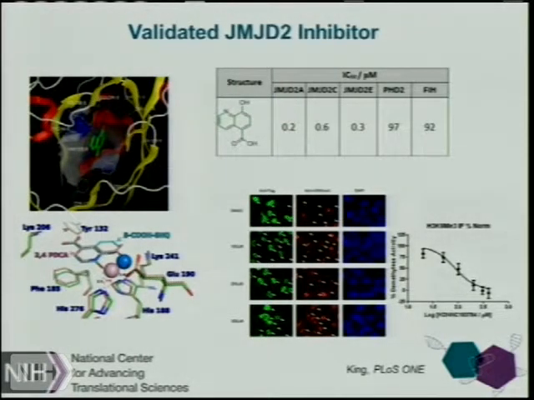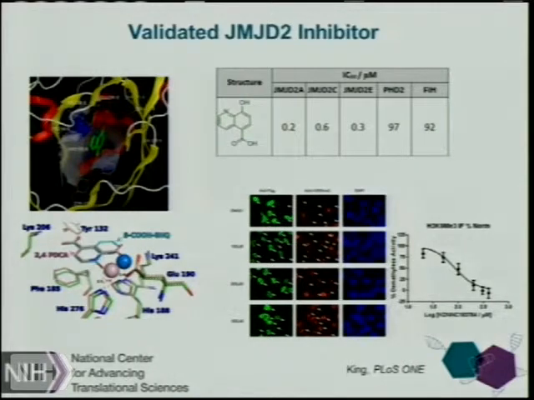So it was pan-active within the family, but selective for demethylases. We collaborated with the Structural Genomics Consortium back then to derive a crystal structure to really enable us to understand the mode of binding for this molecule and therefore make better analogs.